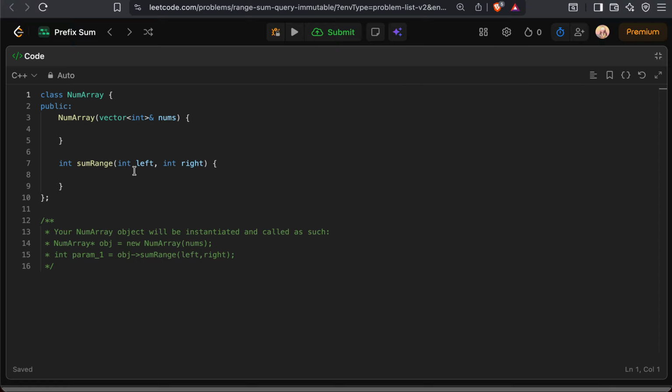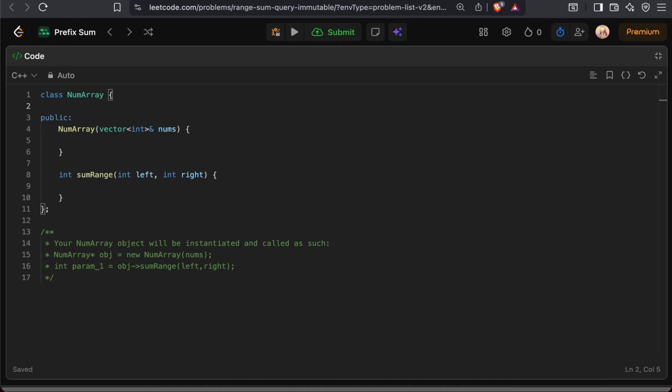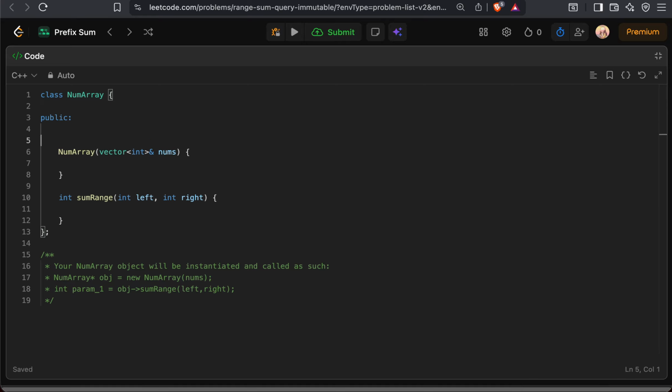Now let's write down the code. We have to store the prefix array. Why do we need the prefix array in both functions? So we store it outside both functions. So let's write first the nums array. We need the prefix sum now, so we write here vector int prefix.